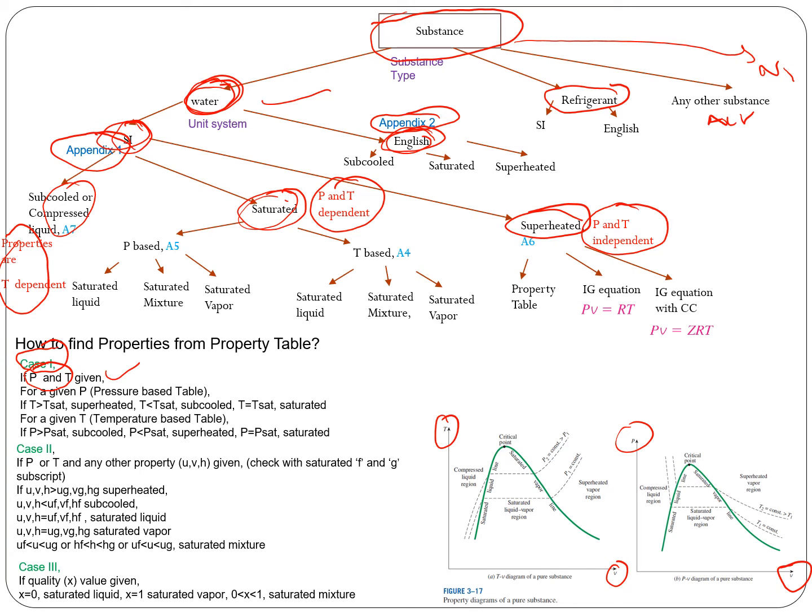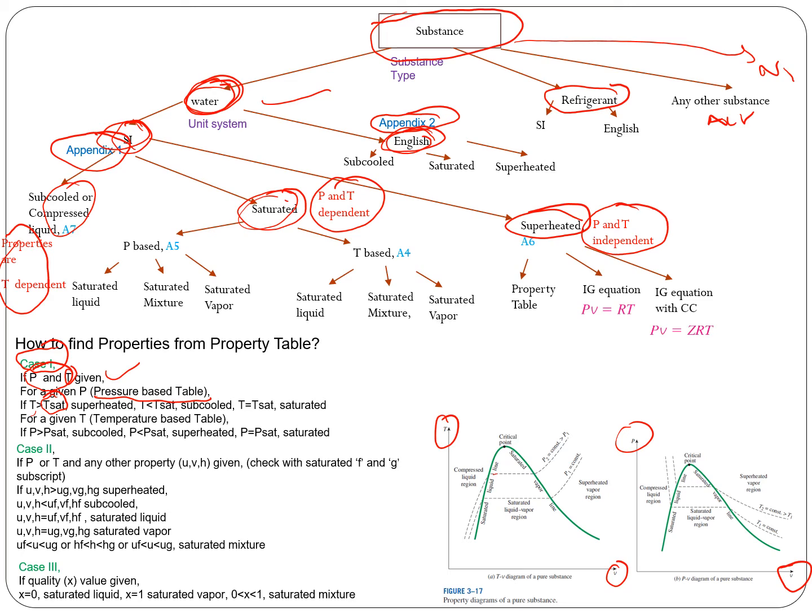If pressure and temperature are given, you can look at the pressure based table, look at the saturation temperature at the corresponding pressure, and check whether the temperature T is greater than T saturation.